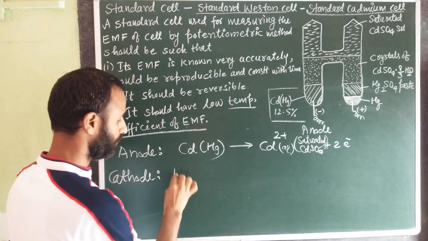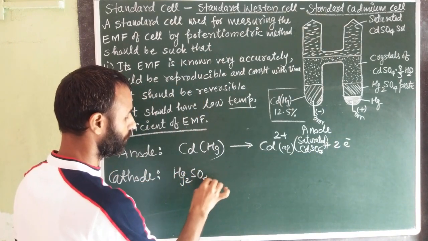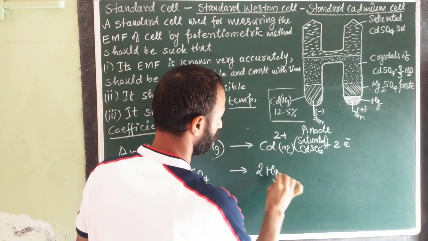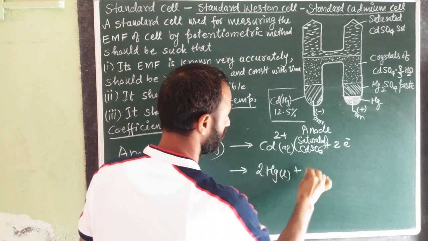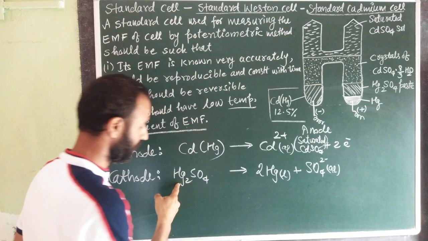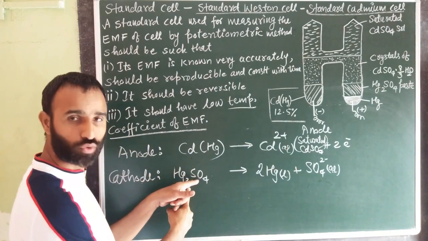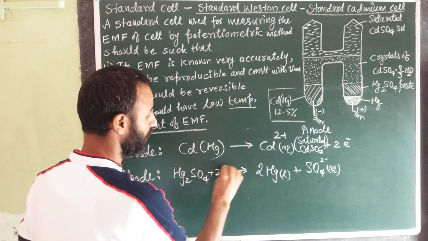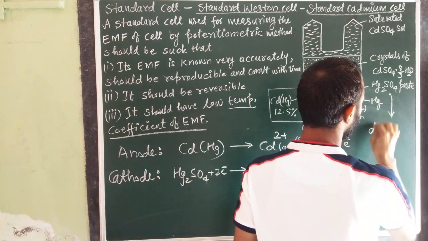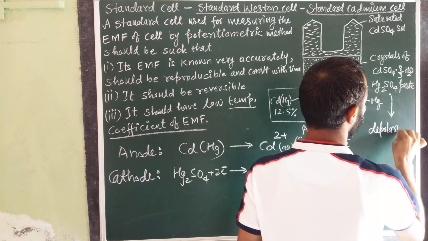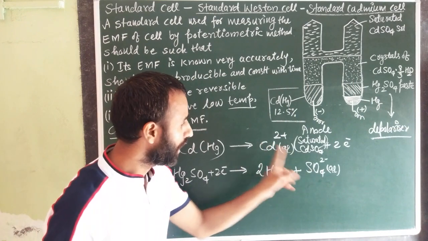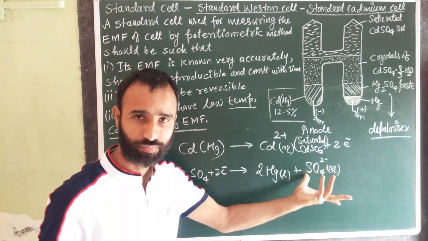At the cathode, Hg2SO4 gives 2Hg liquid plus SO4 2-, because it is Hg2 2+ plus SO4 2- plus 2 electrons. This mercurous sulfate is also known as a depolarizer, because when sulfate and cadmium combine, they give cadmium sulfate.